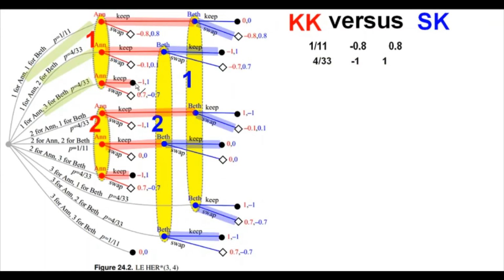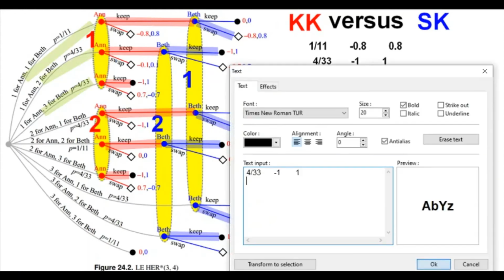Then the game is already over because Baz has a card of 3 and will never swap in this case. So we have negative 1, 1 with a probability of 4 over 33. So negative 1, 1 again with 4 over 33.